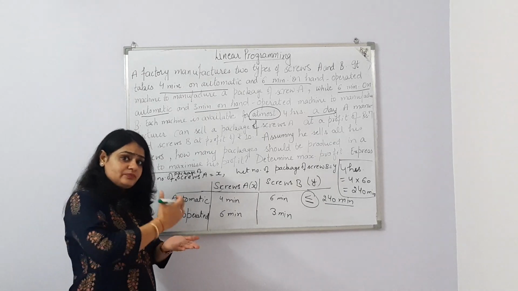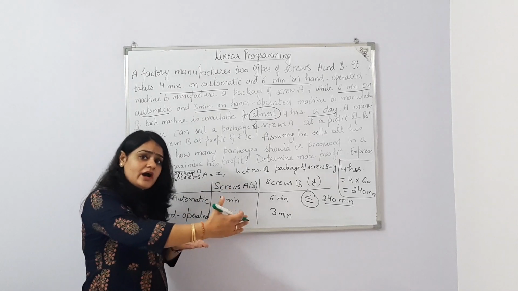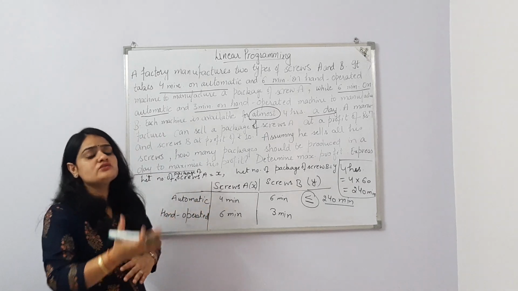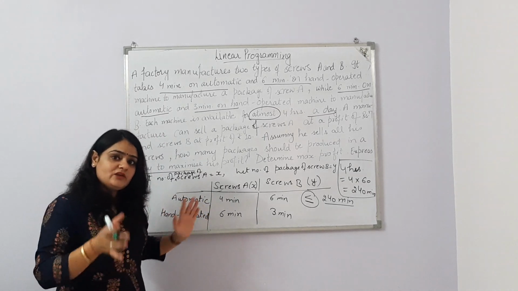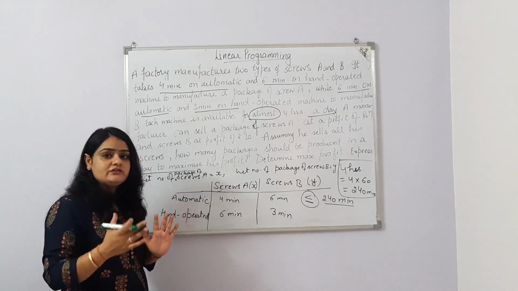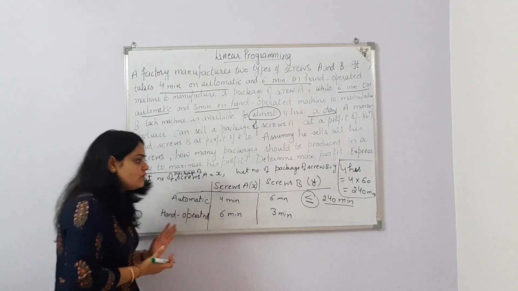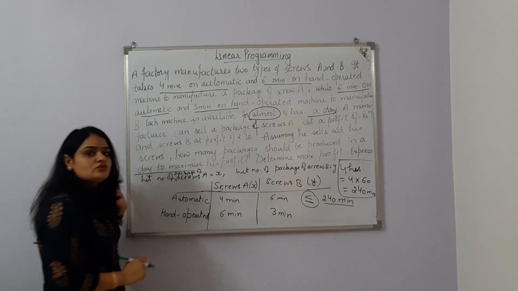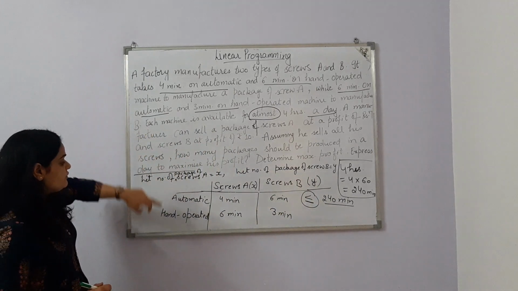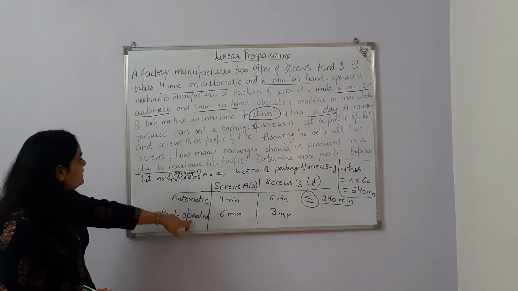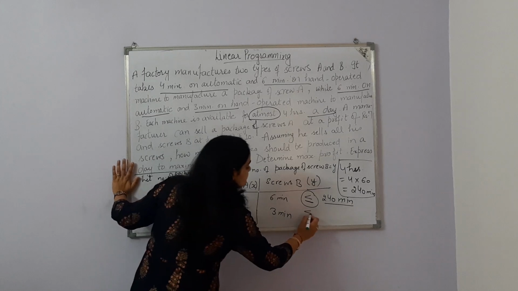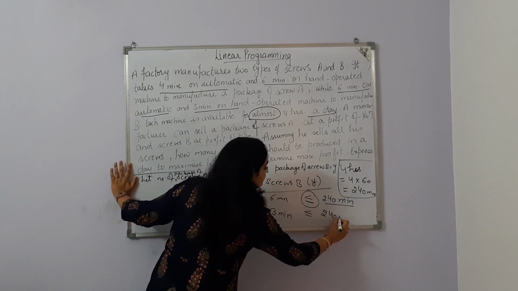We can use it for 4 hours, or for 3 hours 20 minutes. It's up to the manufacturer whether to use the machine for 4 hours or less. That is the reason I am writing less than or equals to 240 minutes. And of course, the hand operated machine is also available for at most 4 hours, so it is less than or equals to 240 minutes.